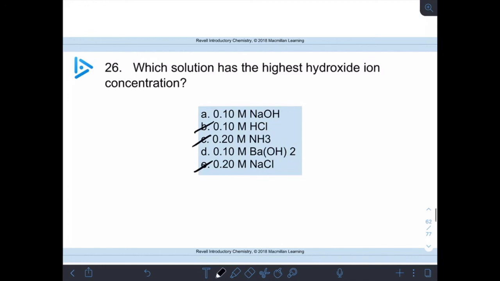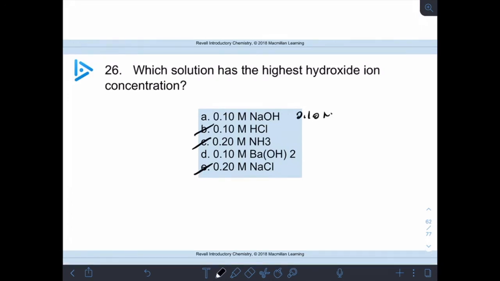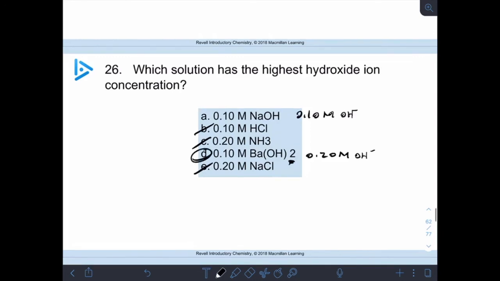So I've got a concentration of hydroxide of 0.1. D there has 2 hydroxides. So I'm going to have 2 molar. Right? Because there's 2 hydroxides in that molecule.